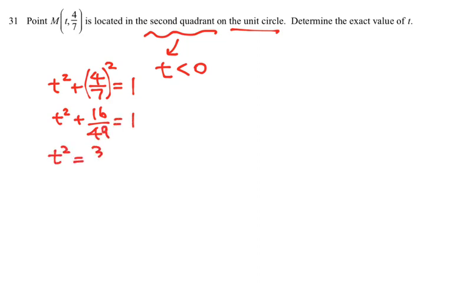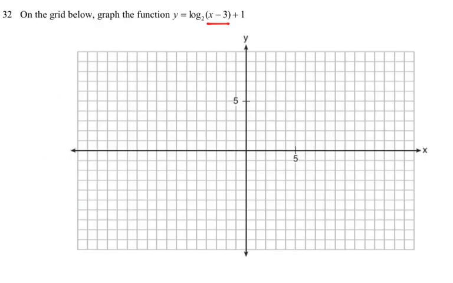Then we realize that t squared is 33 over 49 by subtracting. When you take the square root, we get square root of 33 over 7. But since we are looking at only negative values, negative square root of 33 over 7 would have been the answer.